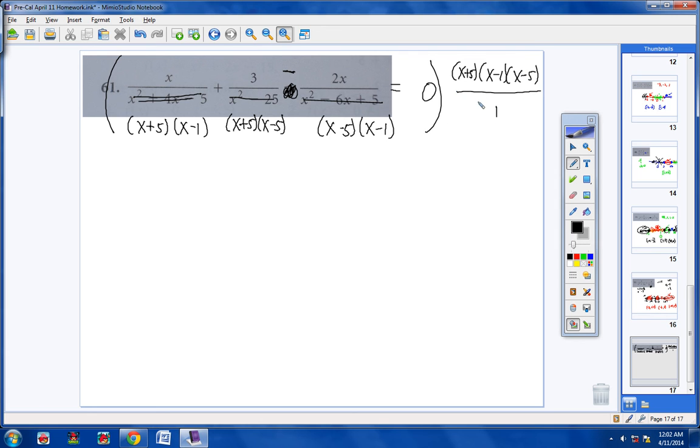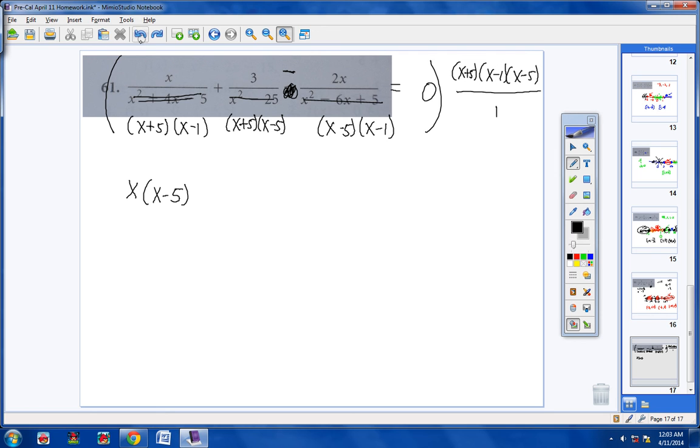So here we go. When we multiply this fraction times this fraction, your x plus 5 and your x minus 1 cancel out, leaving you with x times x minus 5. Now I take this fraction times this fraction. Your x plus 5, x minus 5 cancels, and you're left with x minus 1 times 3.